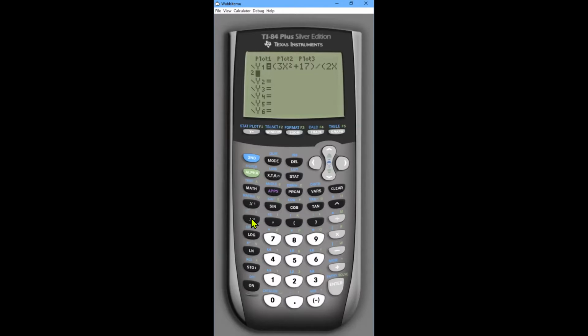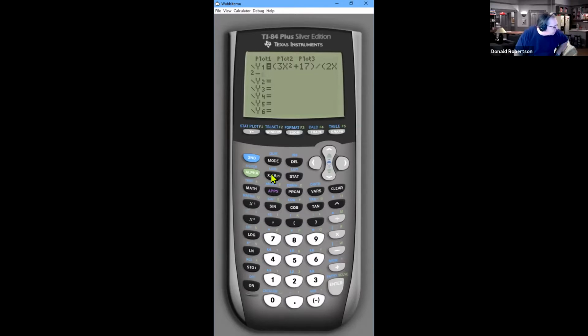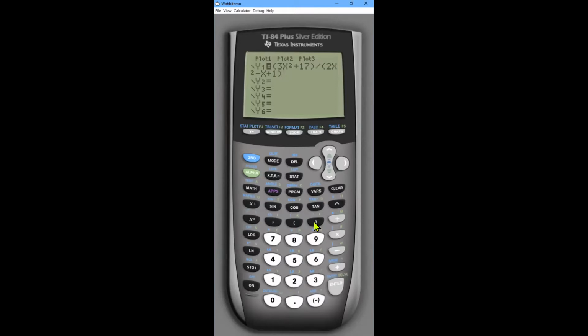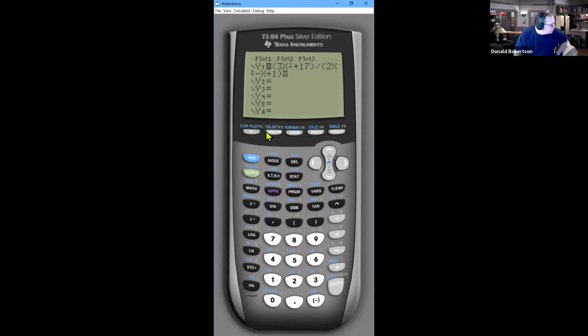That looks a bit funny, but it is there. Take away an x, add a 1. And then you go to table setup and you make sure it's on ask. And then I'll go to second table.